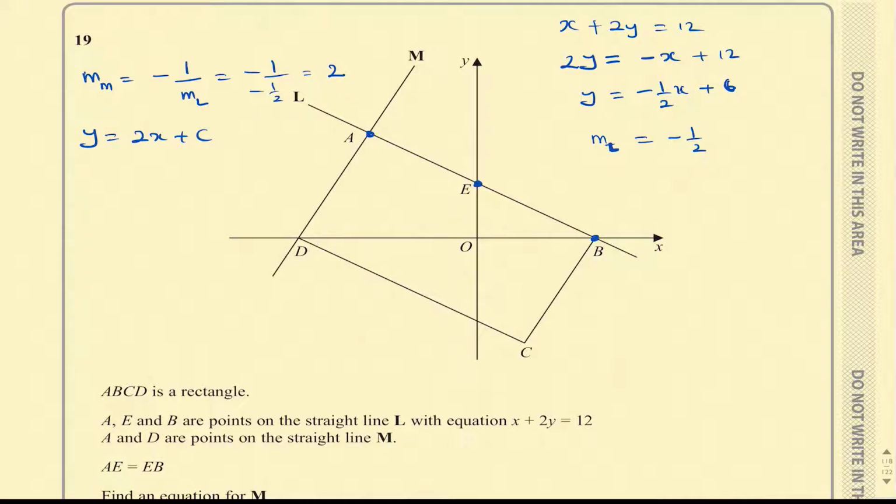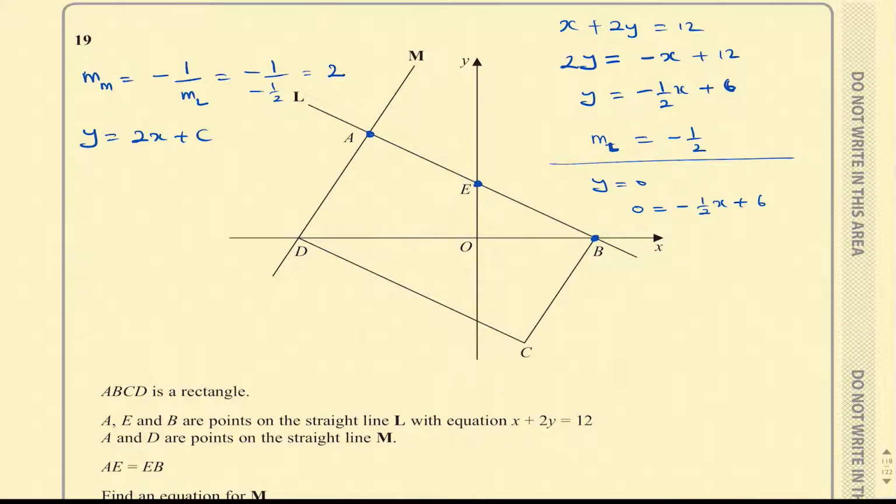Because AE is equal to EB, we need to find the coordinates of B, E, and A. The coordinate of line L at B is when y equals 0. So we have 0 equals minus a half x plus 6.